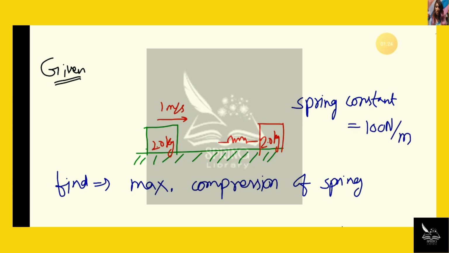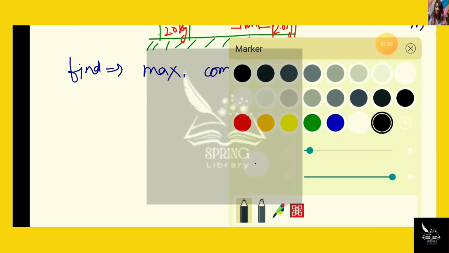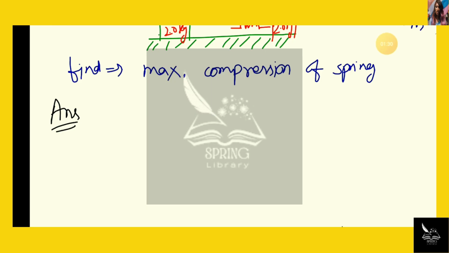In the answer, the mass of the first block is written as Ma equal to 2 kg, and the mass of the second block, Mb, is 2 kg.